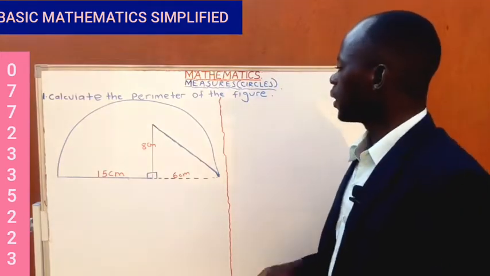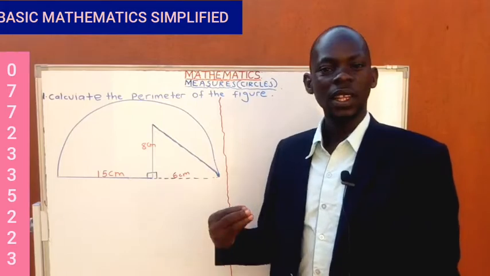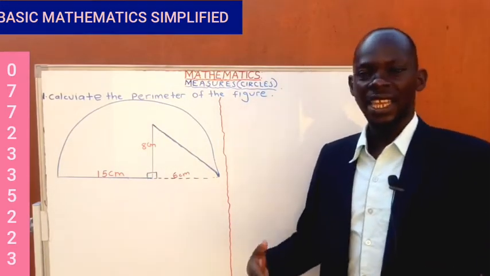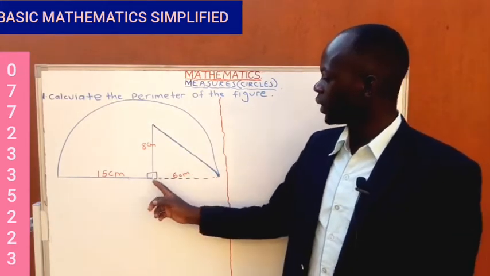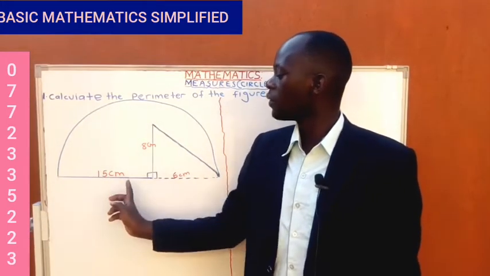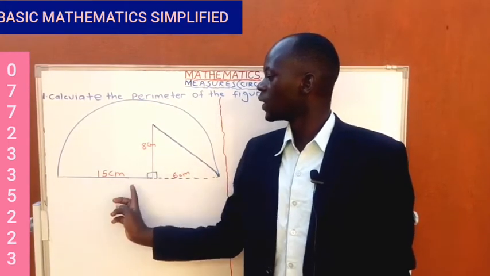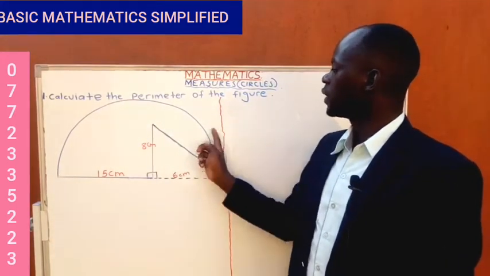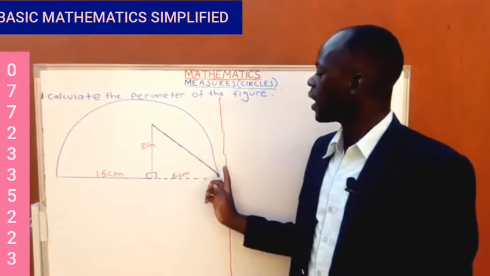Now, in case we are calculating the distance round the figure, we should make sure that we have all the lengths that are required. From this point to this point, we already have the measurement given as 15 centimeters. Then from here to there, this is the major arc, and we don't have its length.